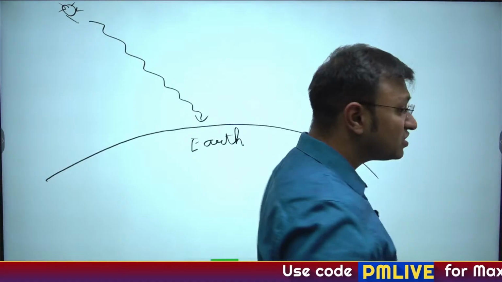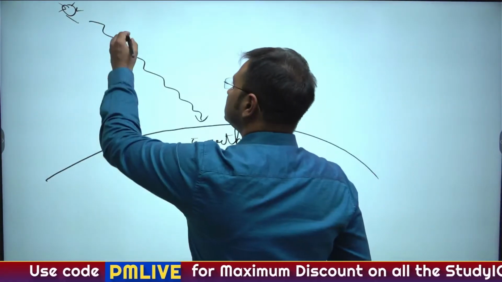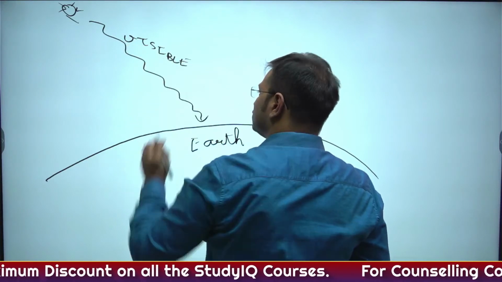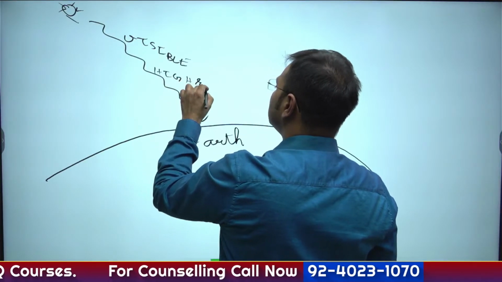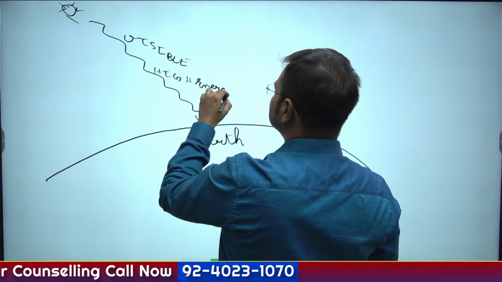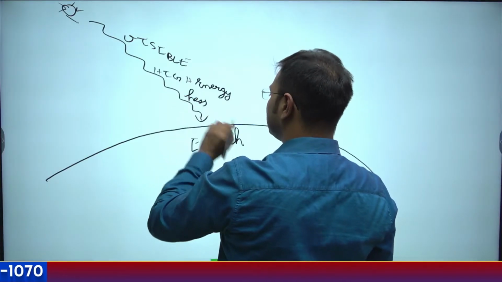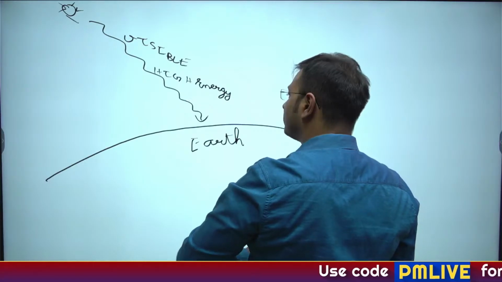So the insolation which reaches the earth is referred to as the visible spectrum, the rainbow colors. This visible spectrum is high energy, but the wavelength is less. This is high energy but less wavelength. This is basically short wave.